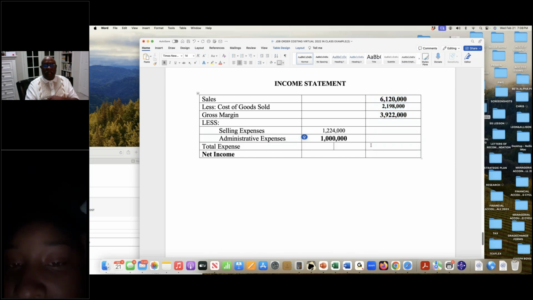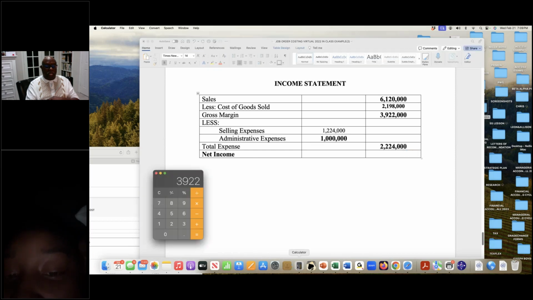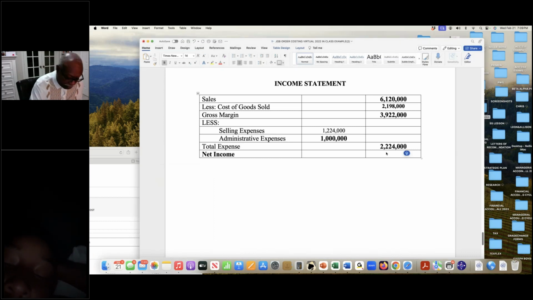So when we total these expenses up, we got 2 million, 224, and so our net income, 3922 minus 2224. 1698.